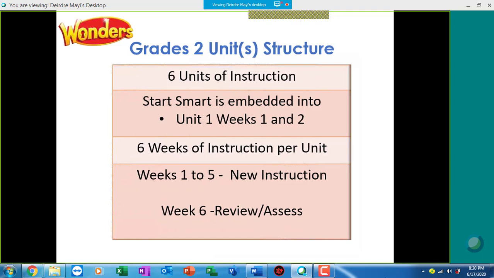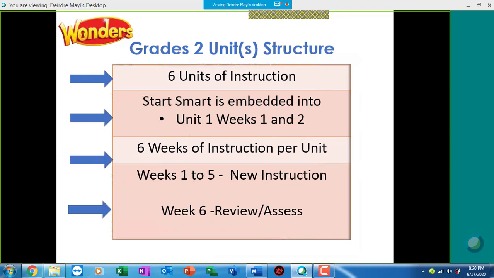Remember, Start Smart is embedded into Unit 1, Weeks 1 and 2. You'll find that there are 6 weeks of instruction per unit, but keep in mind, for weeks 1 through 5, there will always be new literature and new instruction. Week 6 is essentially there for you to review and assess.